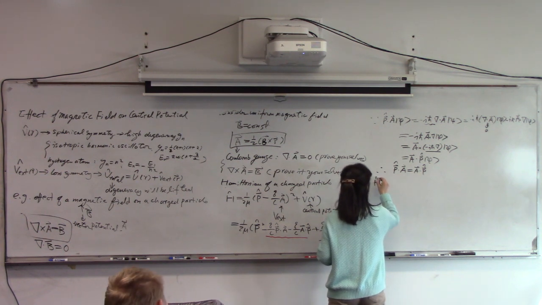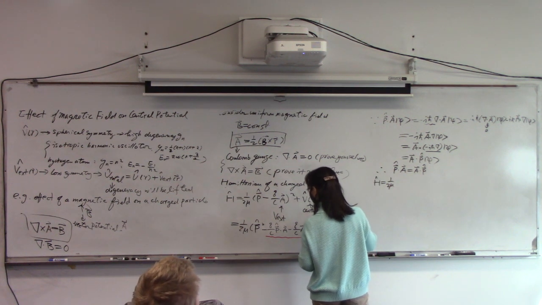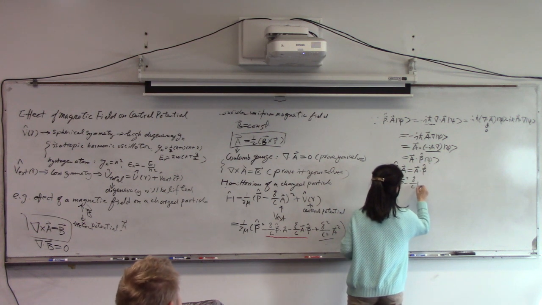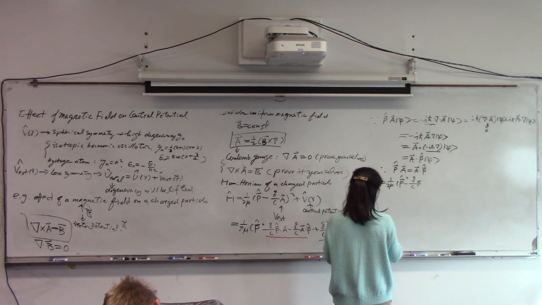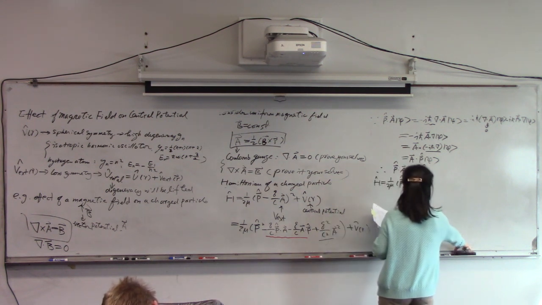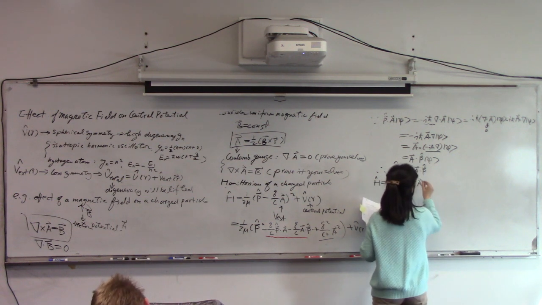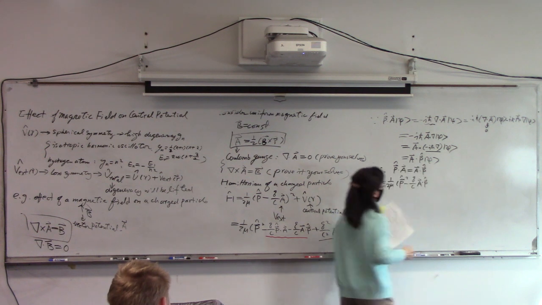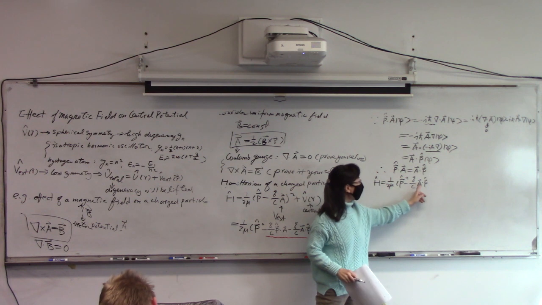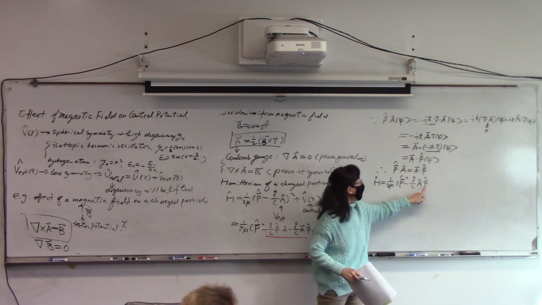So we write the Hamiltonian again: 1 over 2 mu, and p minus q over c A, inner product p. Which one do we use? I use this one because it commutes. You may ask why; you will see later it is easier, because p is an operator and you can put it in front.